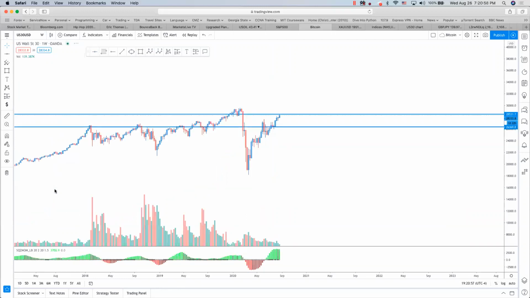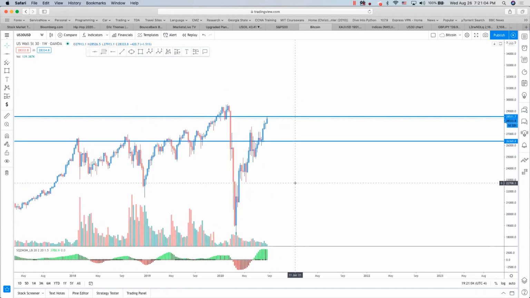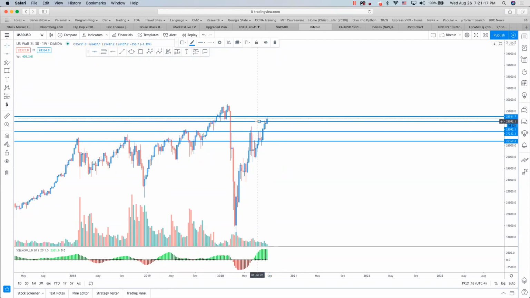Going down to the weekly. I'm gonna add the most recent weekly low or weekly rejection. Weekly rejection area right here. Put it in between, and right there.